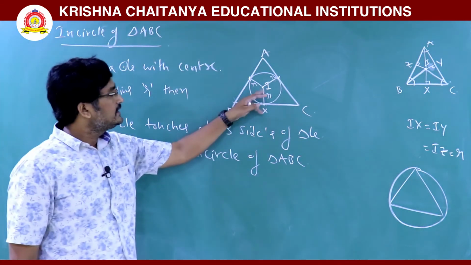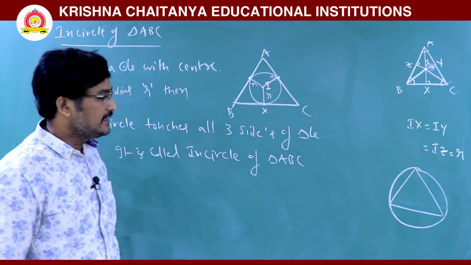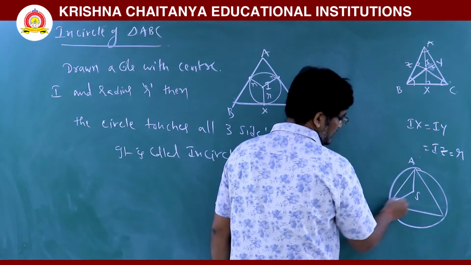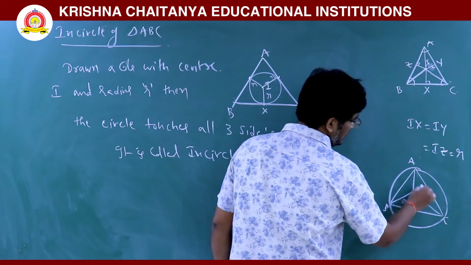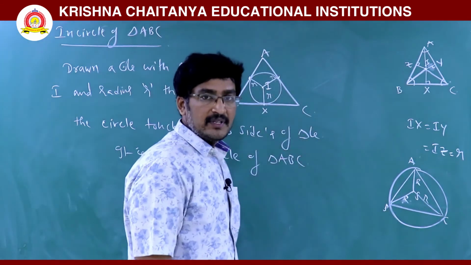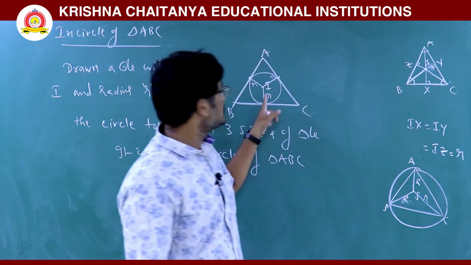This is the incenter, this is the incircle, this is the inradius. Here SA is equal to SB is equal to SC, I denoted the distance as capital R. Here I denoted the distance Ix equal to Iy equal to Iz equal to small r.